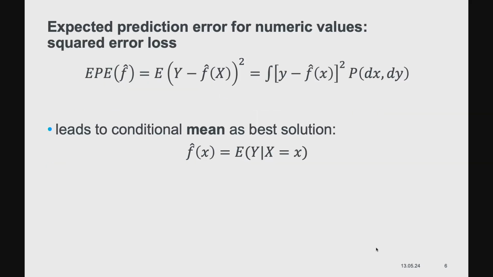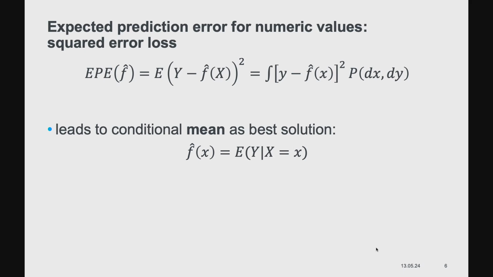So the expected prediction error for numeric variables, the mean squared error, was the expected difference between y and our estimated function, squared. We could also do this as an integral over the different values squared, as we go over the probability of observing certain x and y values.